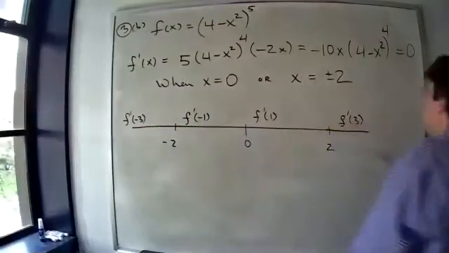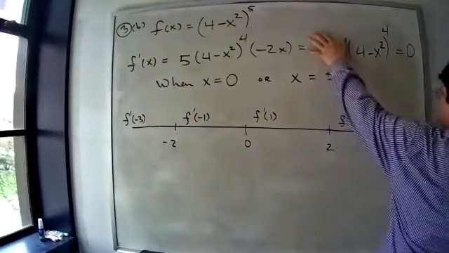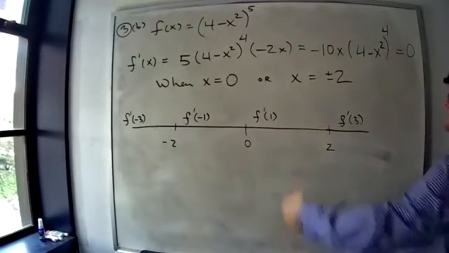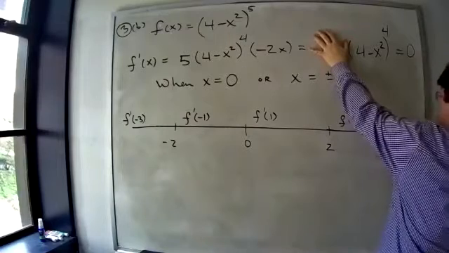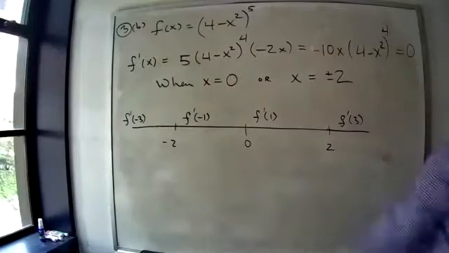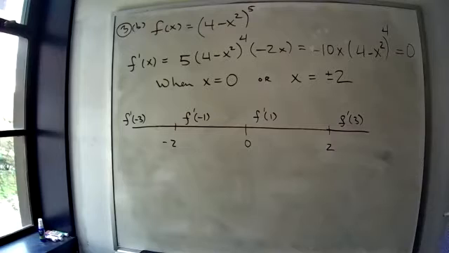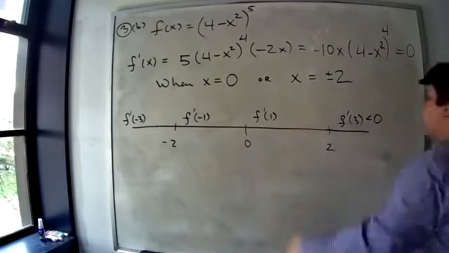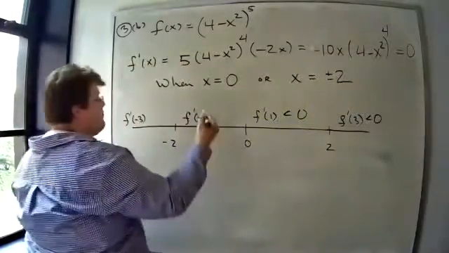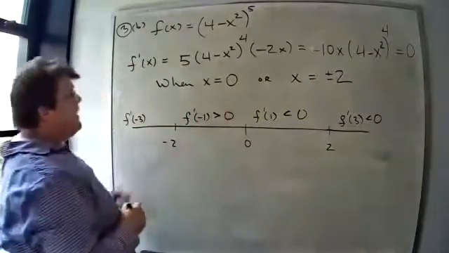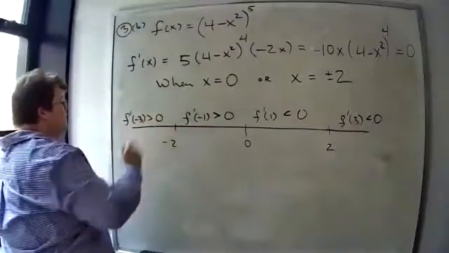And notice here, this quantity to the 4th, well, it's raised to the 4th. So this piece at least is always going to be positive, because raising anything to the 4th gives you a positive. So the sign of the first derivative is going to be determined by this -10x. And -10x at x equals 3 is negative, at x equals 1 is negative, and -1, -10, -1 makes a positive, and at -3 makes it a positive as well.